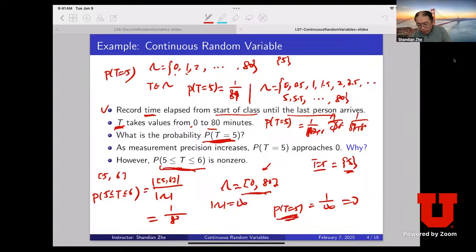So for the continuous random variable, we can only get non-zero probability for events that are inside the range. This range is also infinite and uncountable.